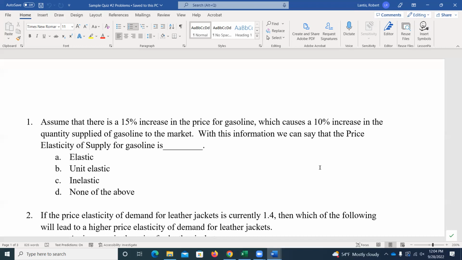And then from there, given that price decrease and given what you compute the elasticity to be, what direction should total revenue be moving because of that price decrease?